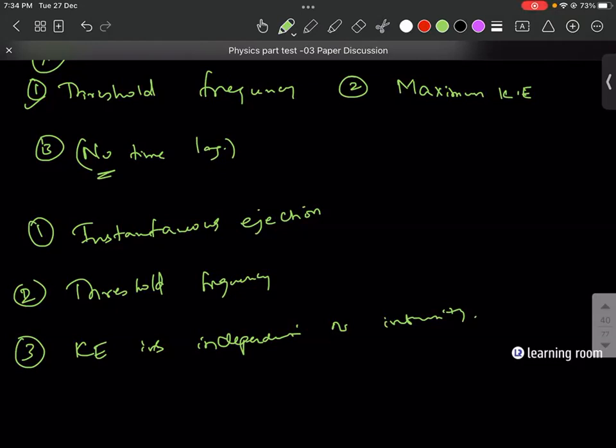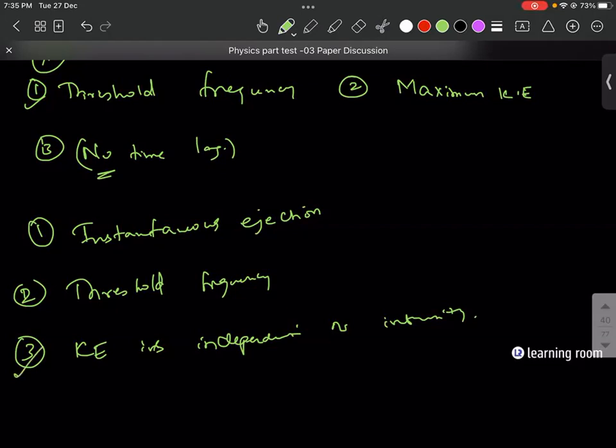Sir, since energy cannot be absorbed continuously in the case of photoelectric effect. Absorbed, AB-SORB, yes sir. But if we increase the intensity, the energy absorbed by the electrons on the surface of the metal will keep increasing, and they will overcome the work function.